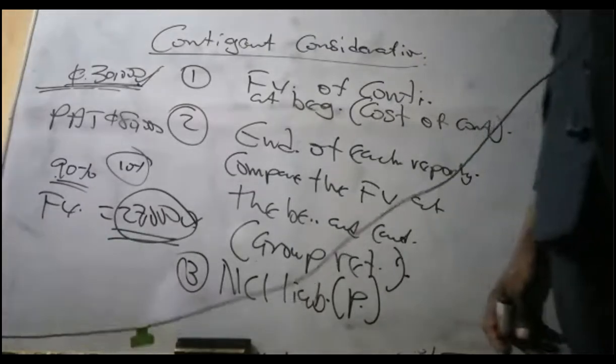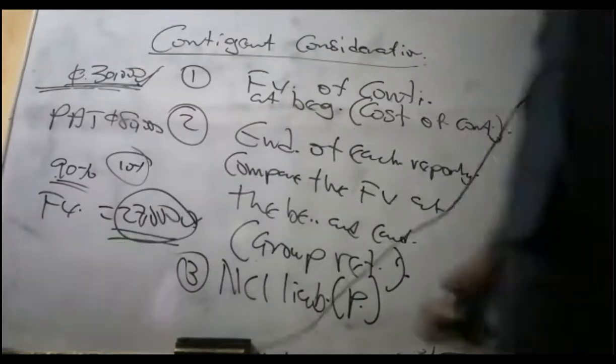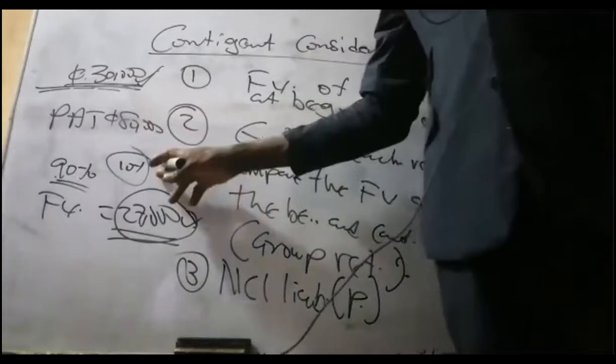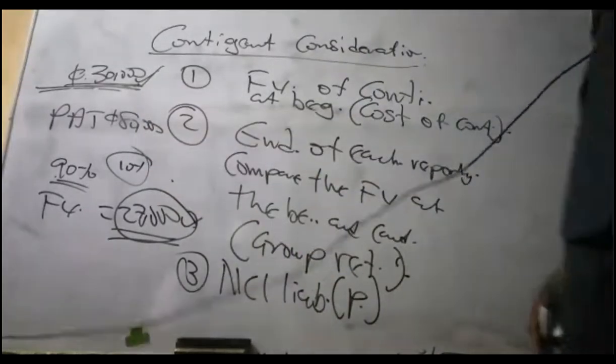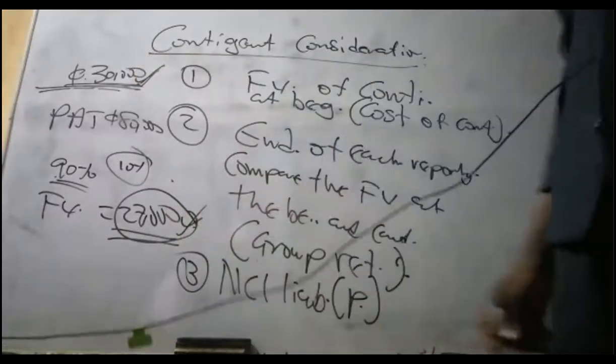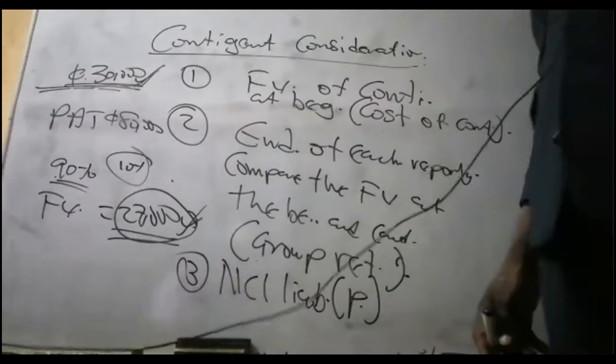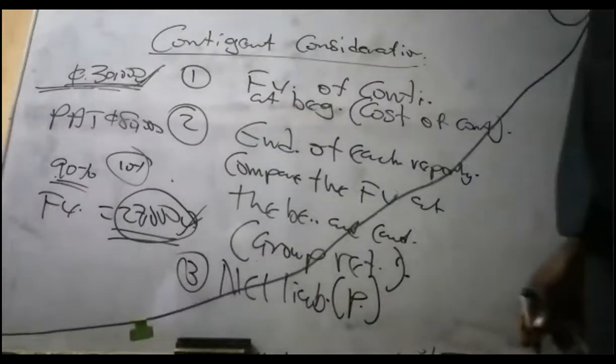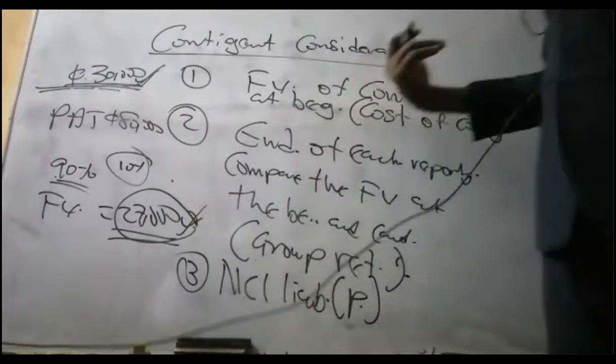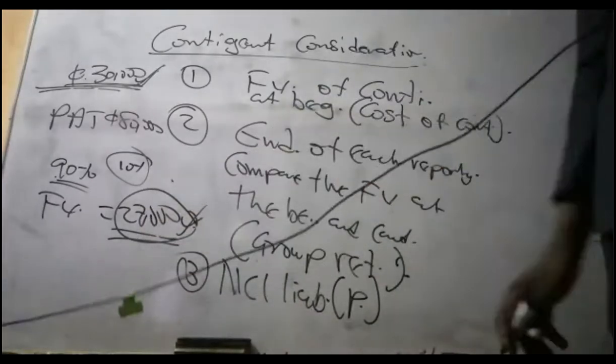Then 3,000 will go to group retained earnings because the parent has made a gain: you had 30,000, but now the fair value has dropped to 27,000. So after adding the 3,000 to the parent profit, you then record a liability of 27,000. So you are owing 27,000.